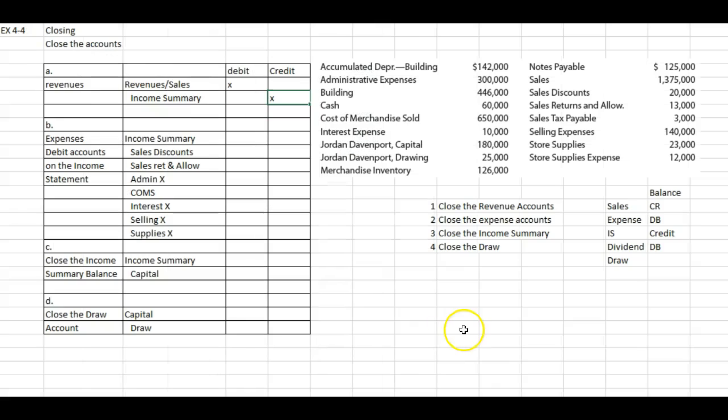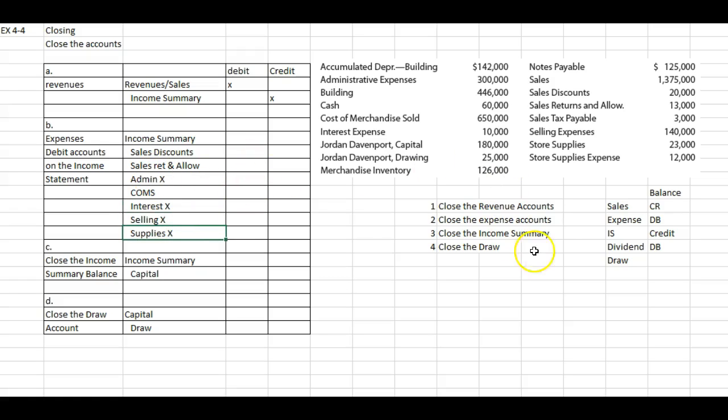Those have to be closed out. So now we have a new list of things to be closed when we talk about expenses. We're going to do the income summary as a debit, but first we have to add up sales discounts, allowances, administratives. This is cost of merchandise sold. This is the interest, the selling, and the supplies expense.